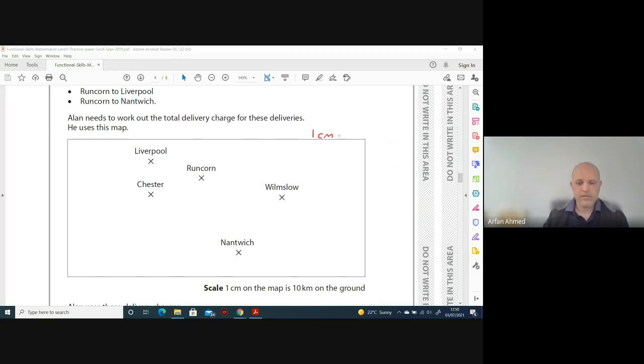One centimeter equals 10 kilometers. That's what we're told. We've got 2.5 centimeters. How do you get from that to that? Well, you have to multiply it by 2.5. It's 2.5 times bigger, isn't it? So if you multiply that side by 2.5, you'll have to multiply this side.